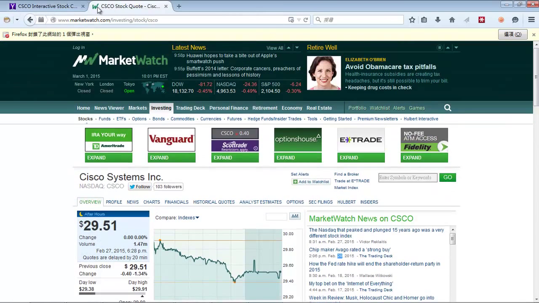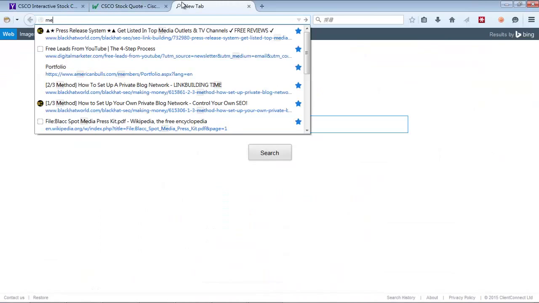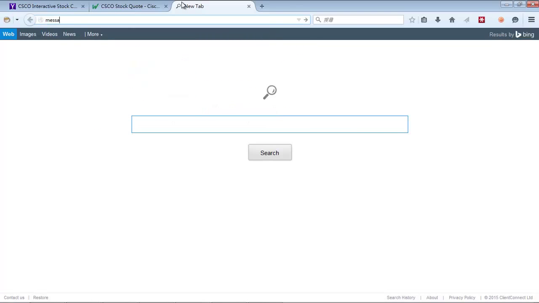So the frequency of the news reports you see at MarketWatch might be important, but these tend to be lagging indicators. A better place to check for whether something might be occurring to a stock is message boards, because now we're not looking at the news. We're looking at gossip. We're looking at rumors, things that might occur. Some of these rumors might be true. If they are true and you get in on the stock, and especially for penny stocks, that stock might rally and you might have a huge breakaway gap and a huge amount of profit.